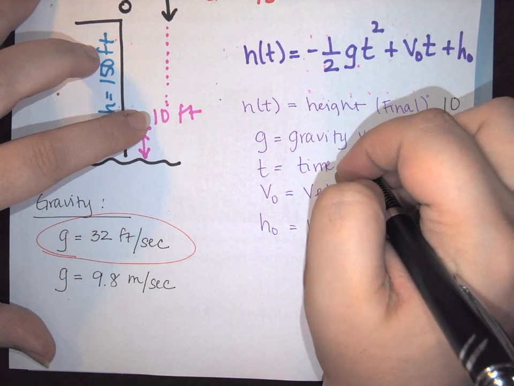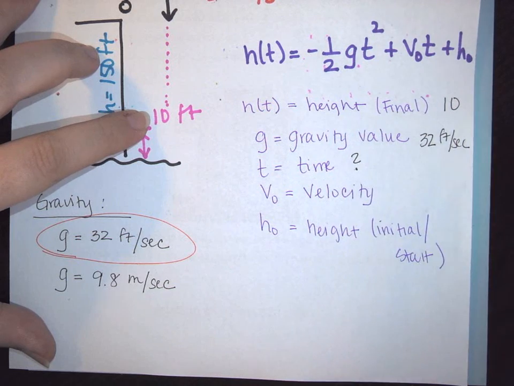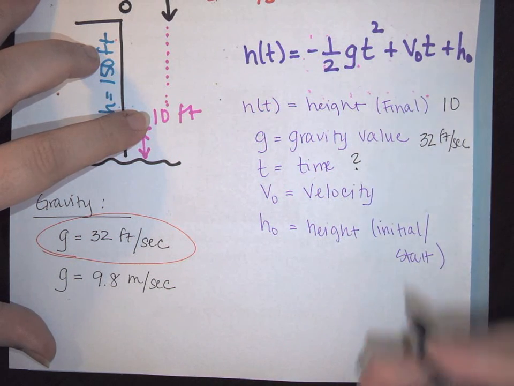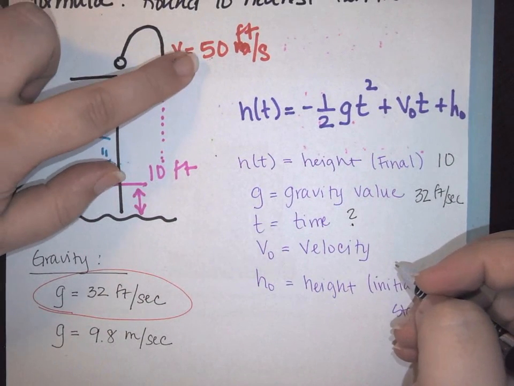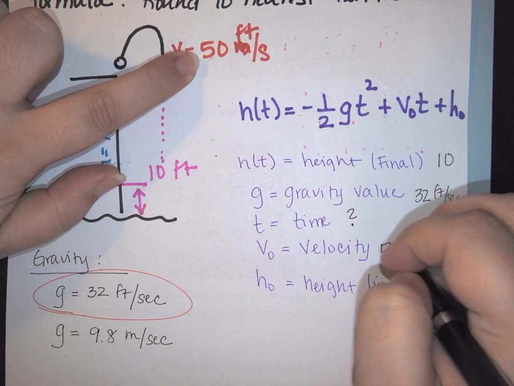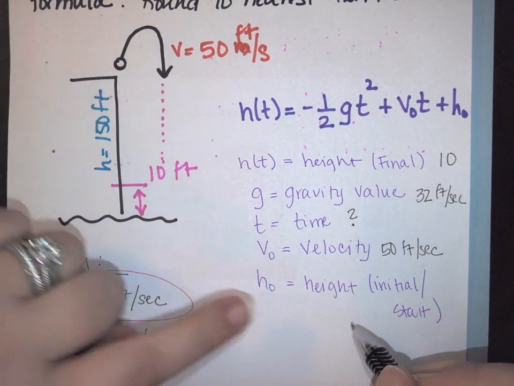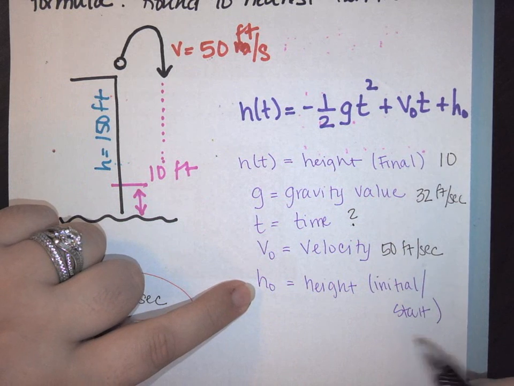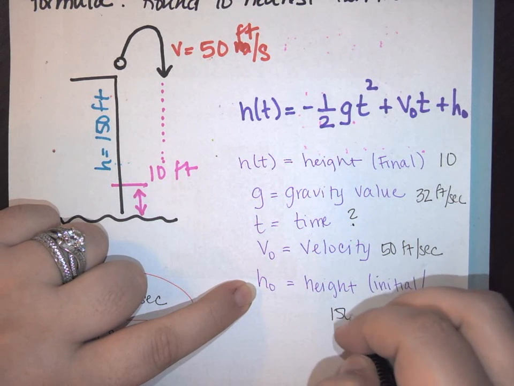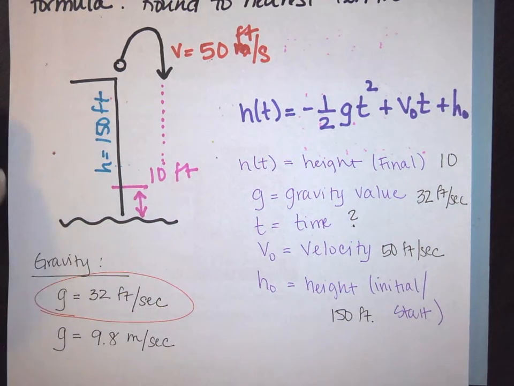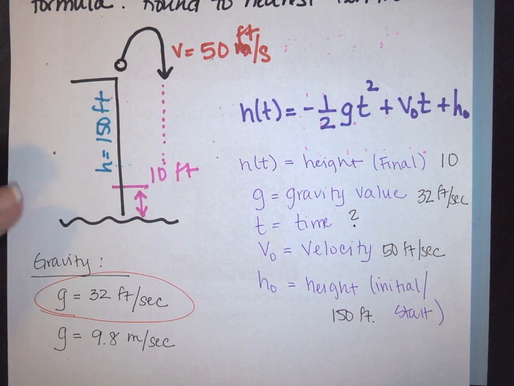Our time is unknown. Our velocity is 50 feet per second. And then our initial height would be the height of the building, 150 feet. So we just simply have to plug and chug the values into our formula.